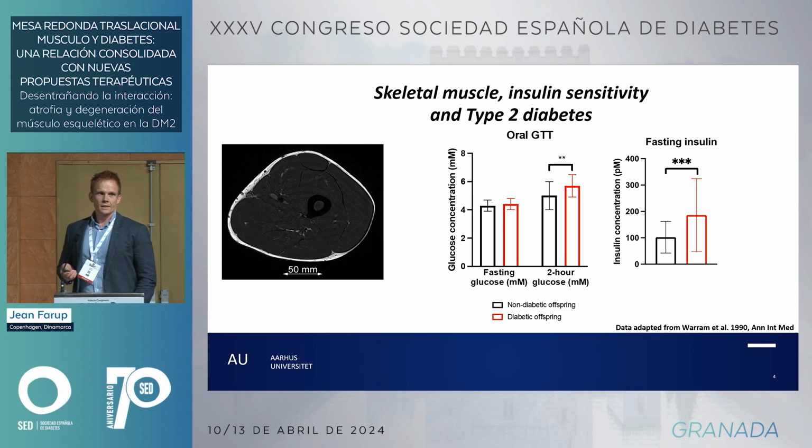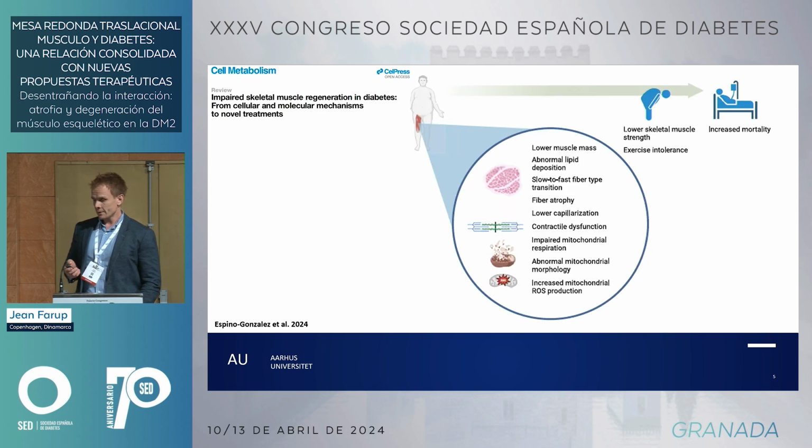What has been less well understood is how living with type 2 diabetes for decades impacts and transforms the skeletal muscle. We've been interested in trying to understand what happens in the skeletal muscle when you have type 2 diabetes.